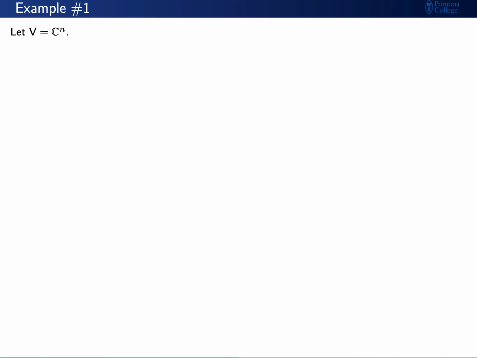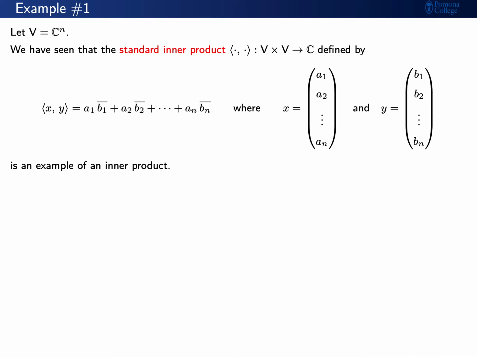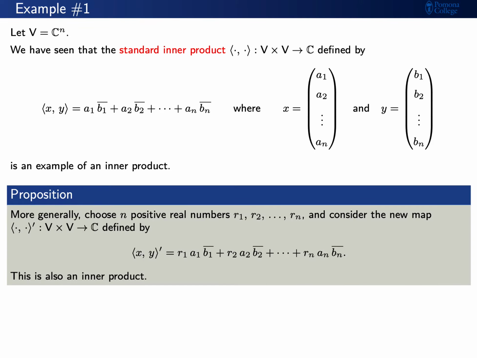Here we'll give an example. We've already seen that when V is the collection of n-dimensional vectors, then we have the standard product. This is our angle bracket that takes two vectors x and y and returns a complex number. Now let's write down many more examples.